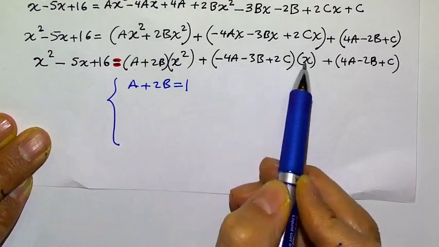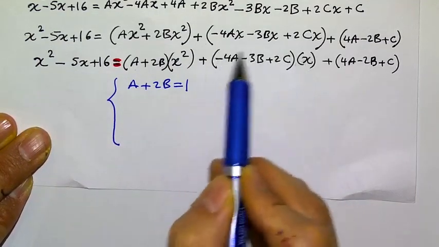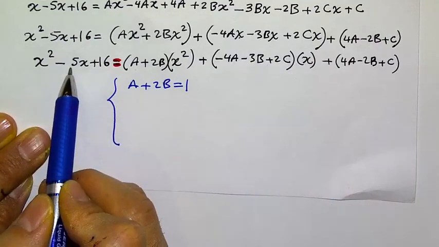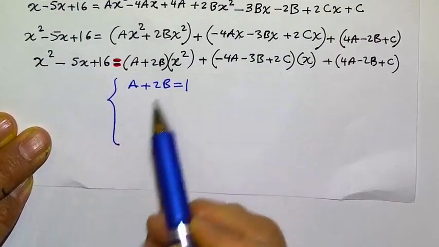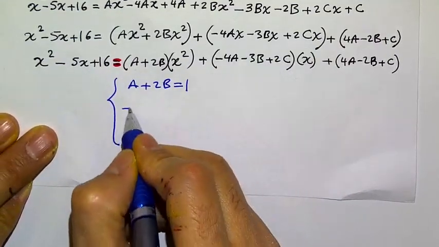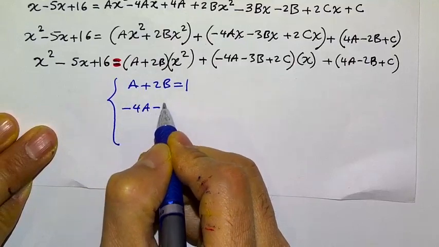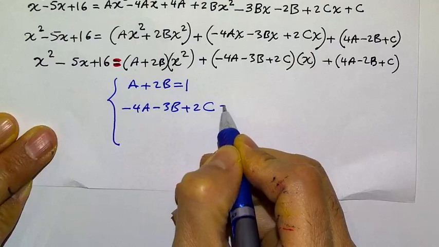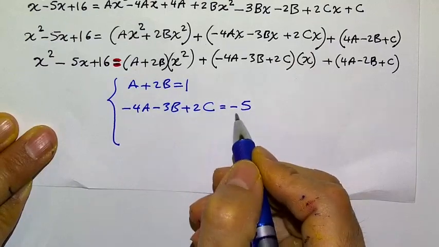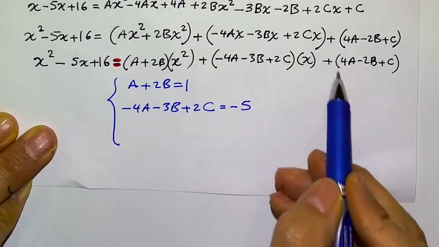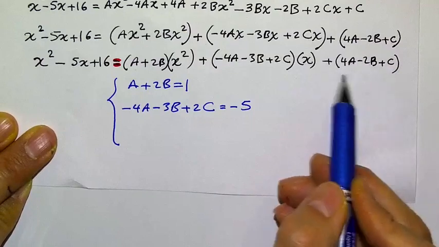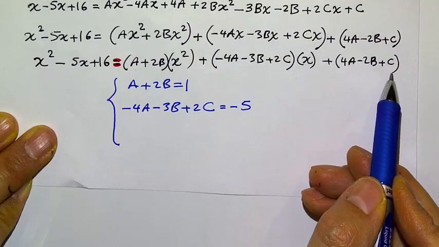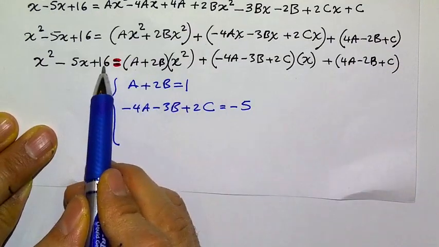Because these are the coefficients of x. They should all add up to minus 5. Otherwise, the left and the right will not be equal. So minus 4a minus 3b plus 2c must be equal to minus 5. And all of that, all 4a minus 2b plus c, must be equal to 16.